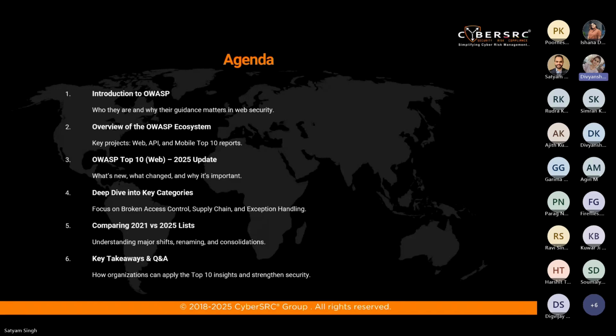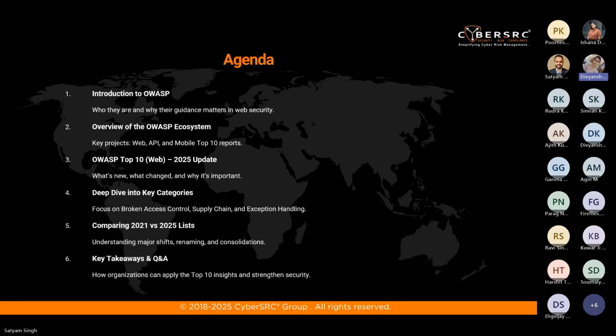Thank you, ma'am, for the introduction. I am excited to be here today to talk about OWASP and its role in helping us build secure web applications. I will start by giving you an overview of OWASP and its ecosystem, and then my friend Divyanshi will take over to dive deeper into the top 10 security risks and how we can protect against them.